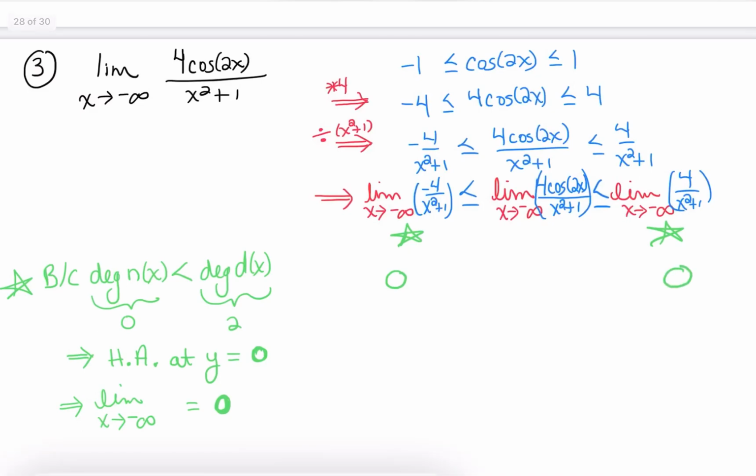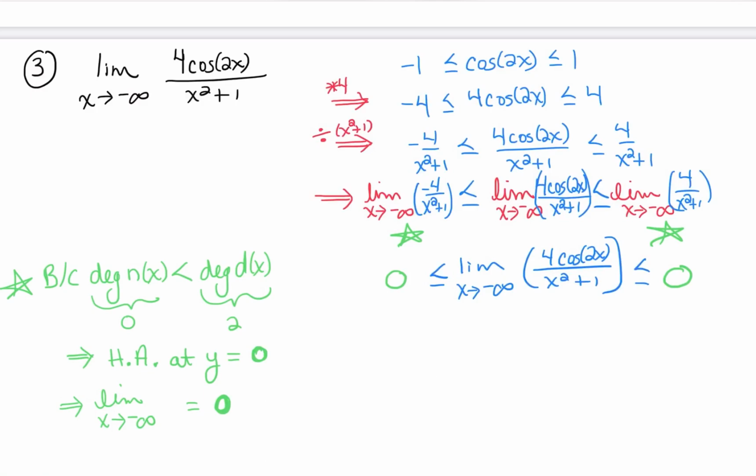So I now have 0 is less than or equal to the limit as x goes to negative infinity of 4 cosine of 2x over x squared plus 1, which is less than or equal to 0.